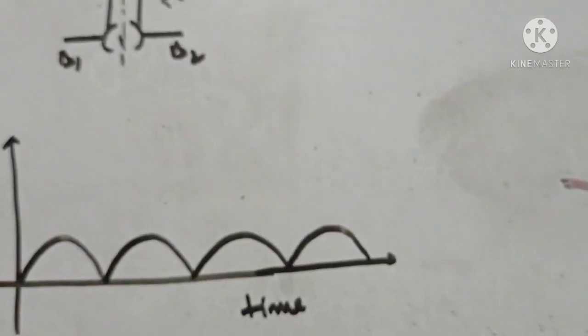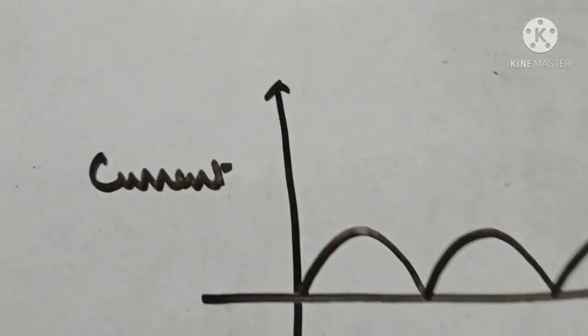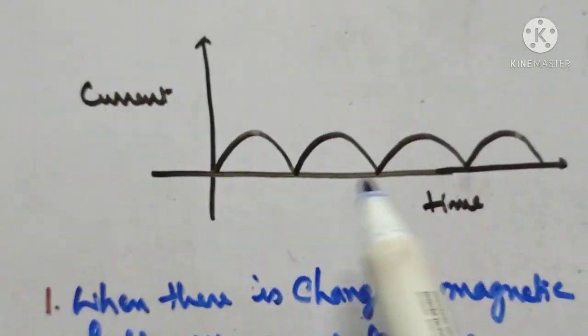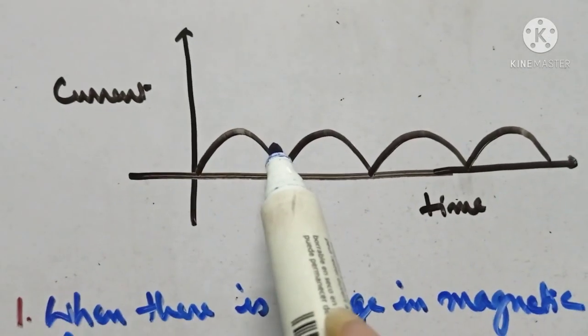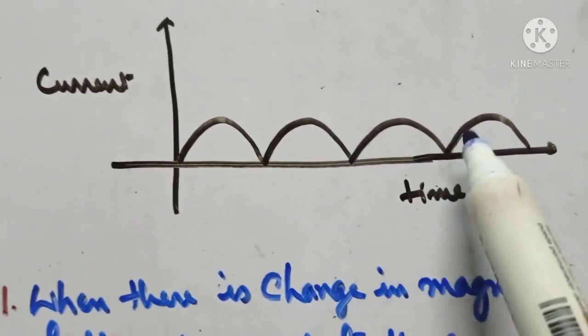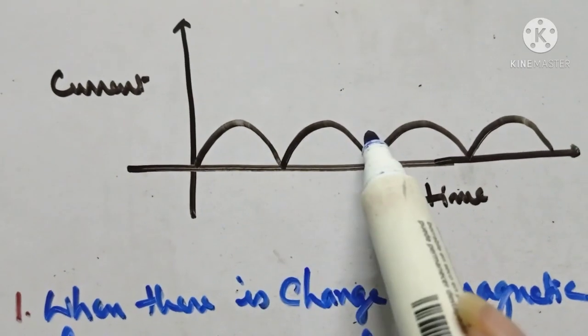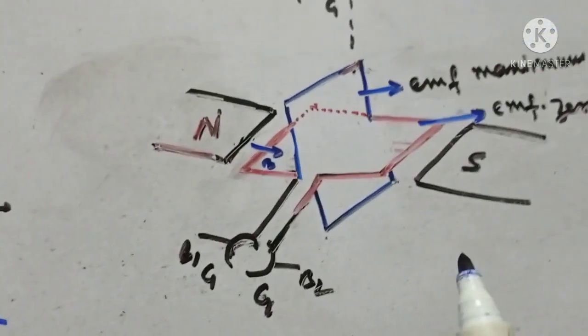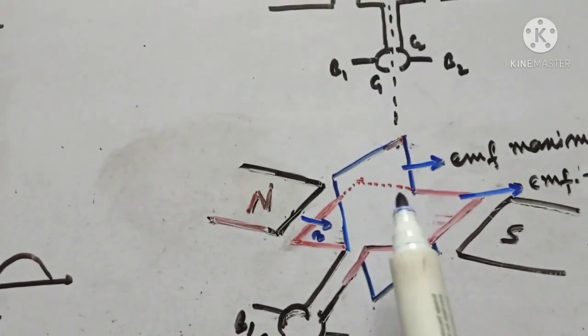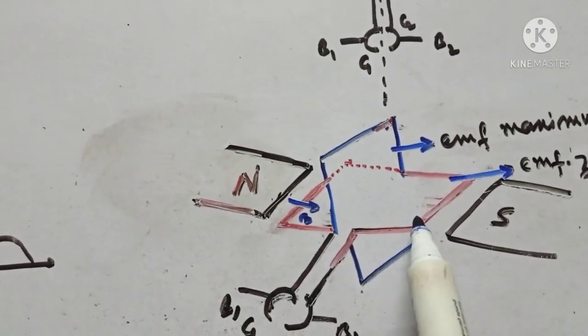Now you see here, when we have drawn the graph of current with respect to time, there is a gap between each semicircle. So in order to reduce this gap, we take two coils. One coil is perpendicular to the other coil.